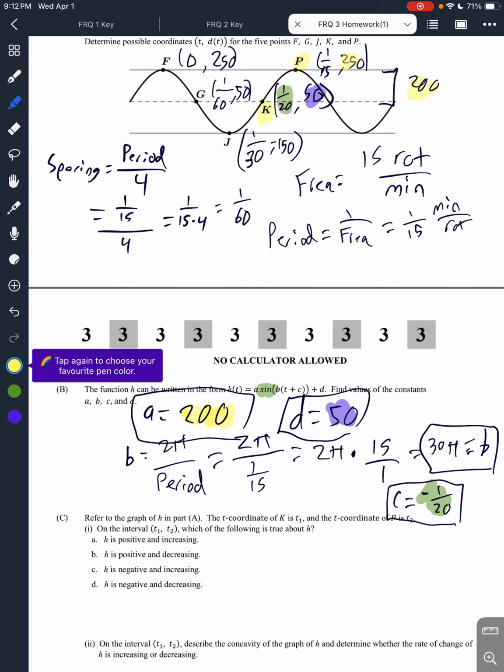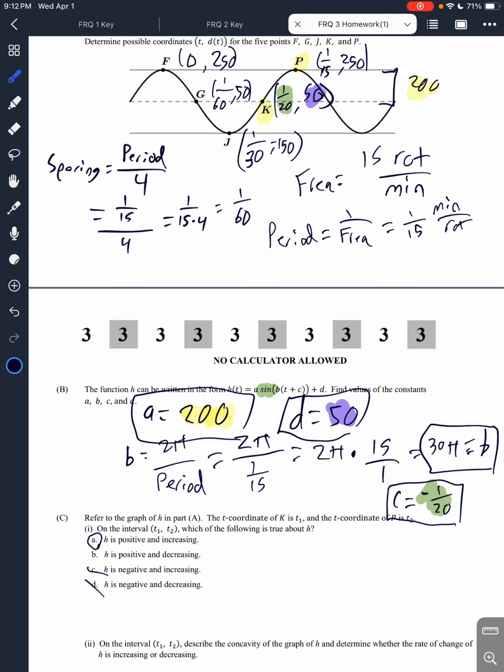So my y coordinate is 250 and 50. Both of those are positive numbers, so it is for sure positive. We can rule out C or D. Increasing or decreasing, that just means, are we going up or going down? From K to P, we are very clearly going up, so this is positive and increasing.